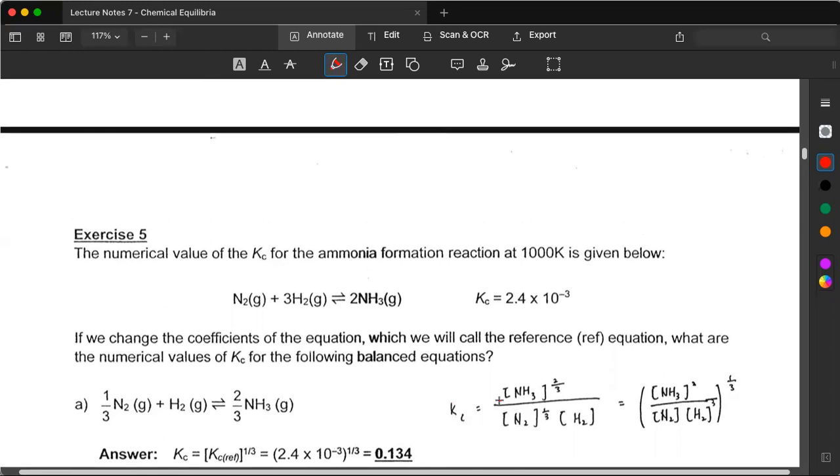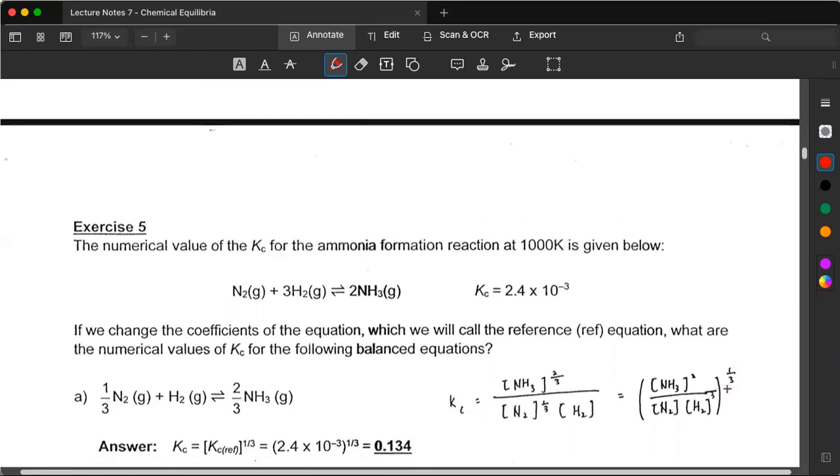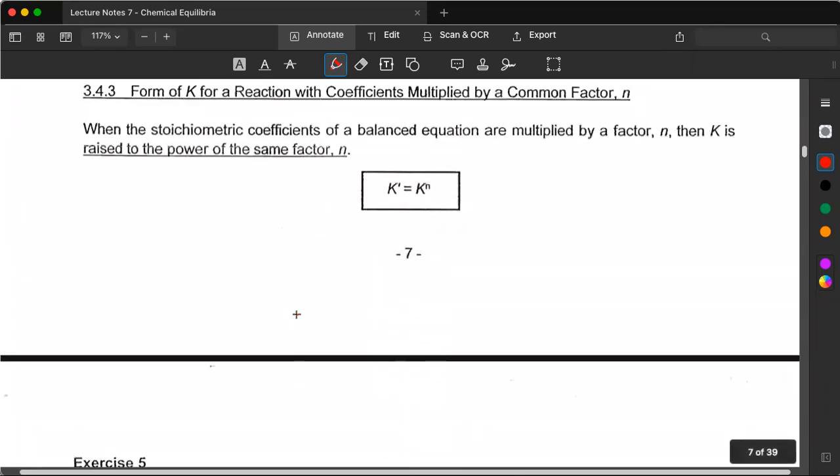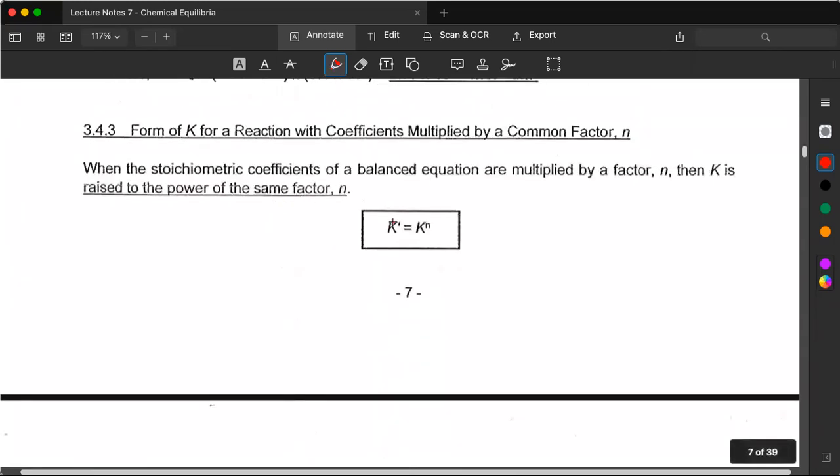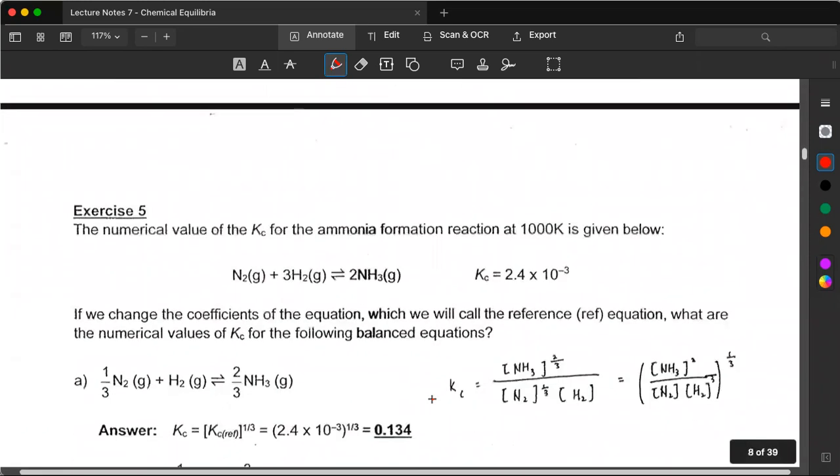You can just take out the common factor so that the expression in the bracket is the original equilibrium constant expression. Whatever Kc was given, you just raise it to the power of the common factor. They call it multiplying by a factor.